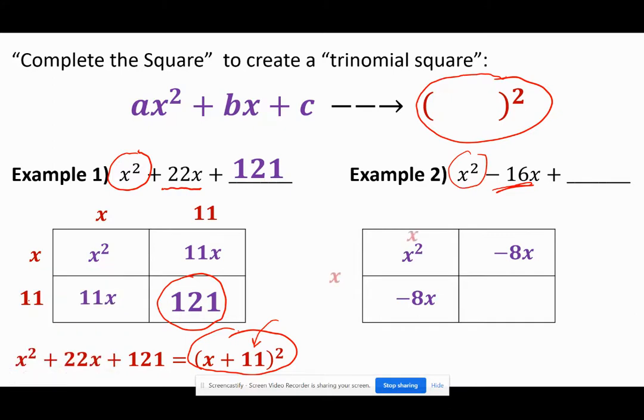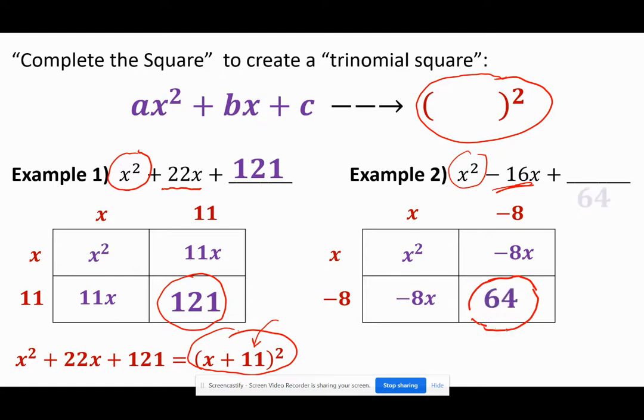Okay, now we record x times x would make x squared. x times negative 8 would make negative 8x. Now, if that's what was truly on the outside, what number would we create here? Negative 8 times negative 8 is positive 64.